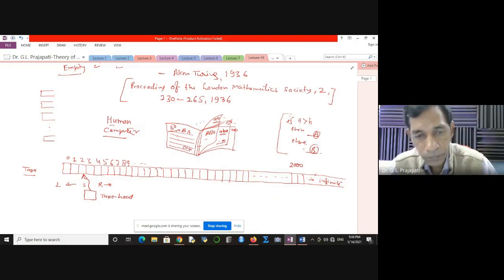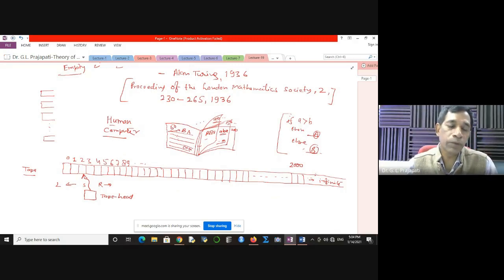For simulating the human computer, you may increase the number of tapes, and also instead of making the tape bounded on the left, you can let it grow infinitely in both sides.